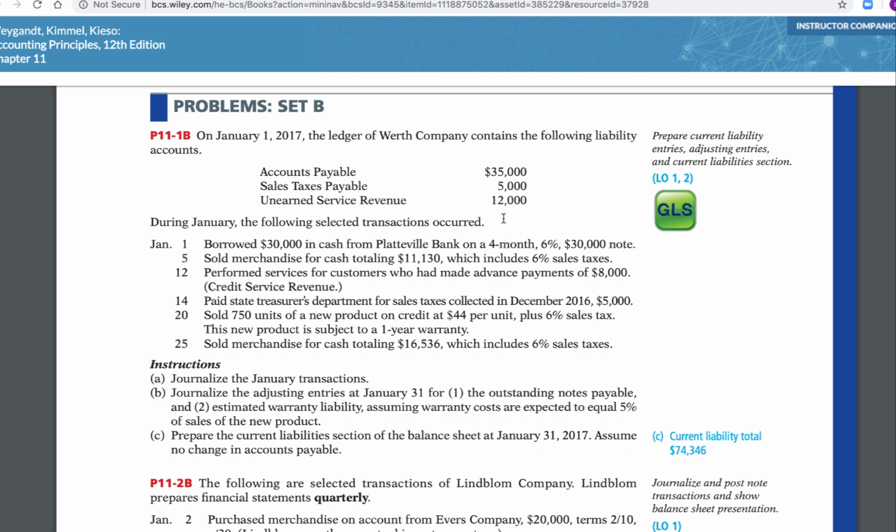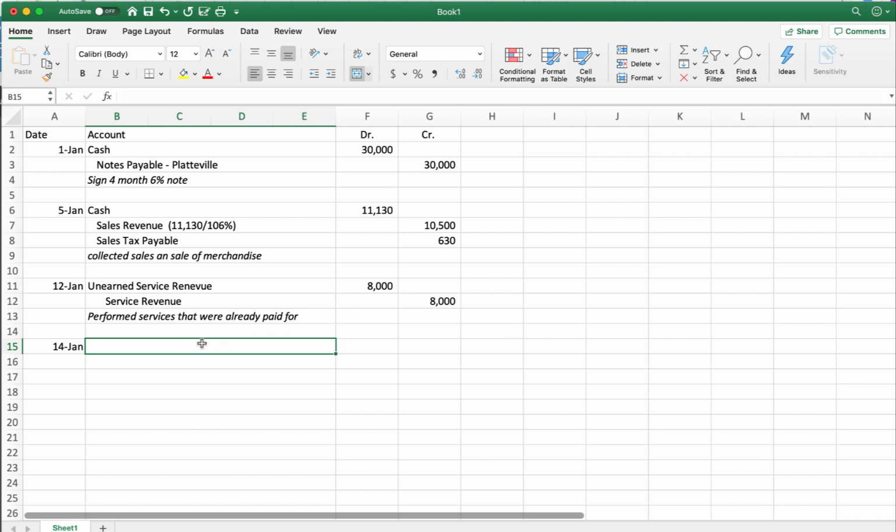So I need to decrease a payable and I need to decrease my cash because I'm paying cash. I'm sending them a check probably. So, super easy to do. I need to decrease my liability. How do I decrease liabilities? With a debit, right? So, I'm going to debit sales tax payable for the amount of $5,000.